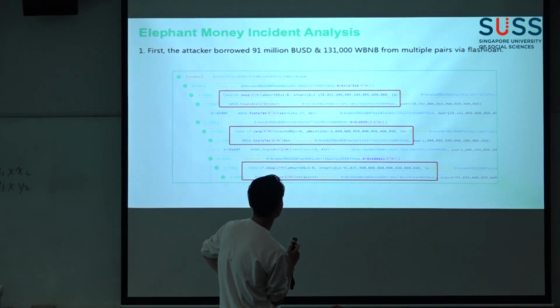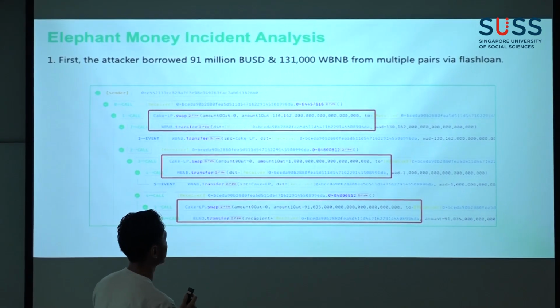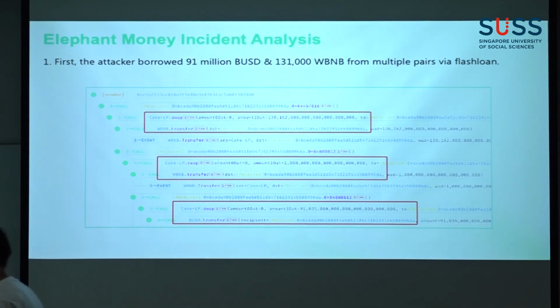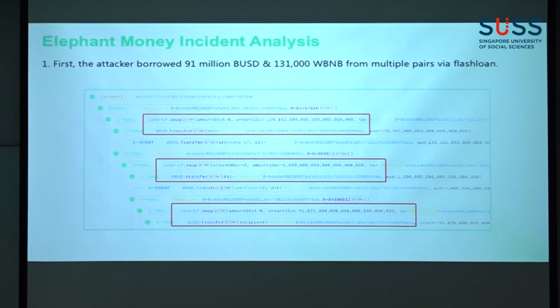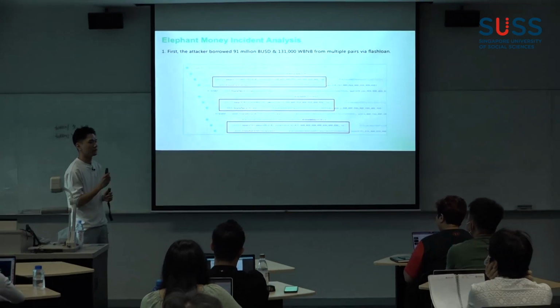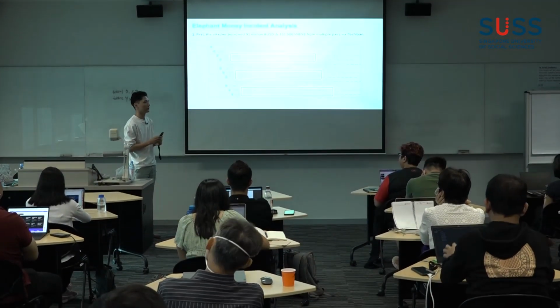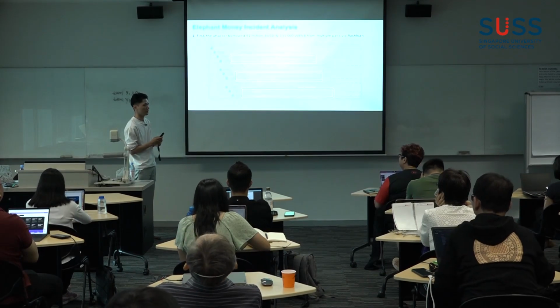So that's the flash loan part of the transaction. Cake is Pancake. Pancake is the Pancake router and PancakeSwap. It's like Uniswap on BSC.